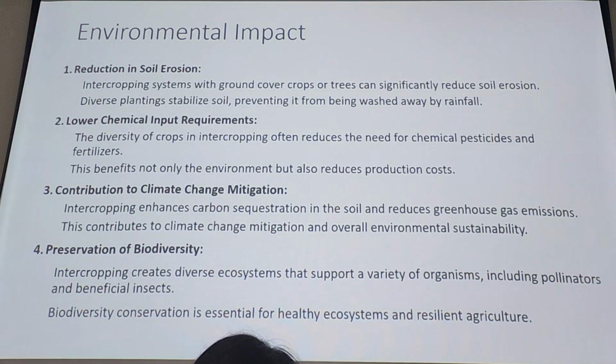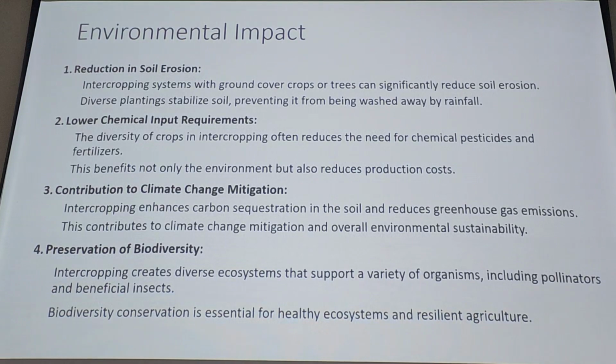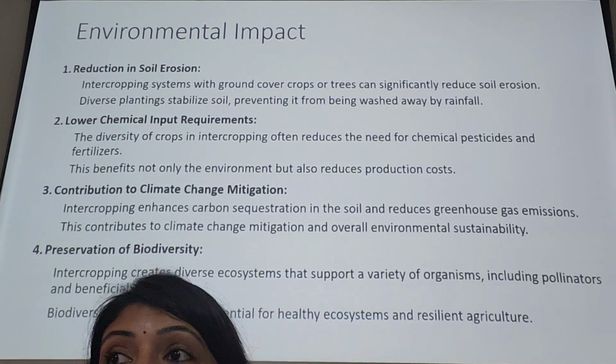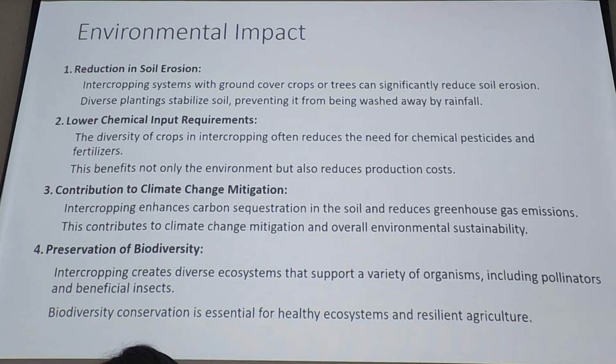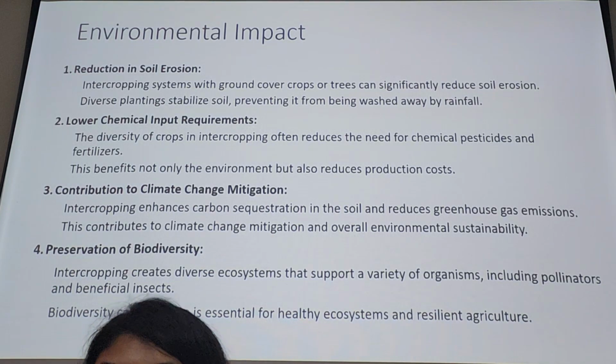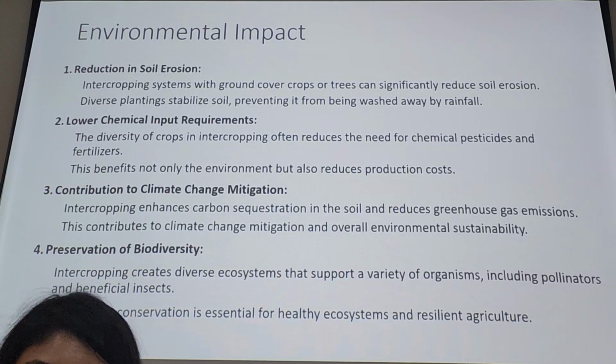In terms of environmental impact, intercropping reduces soil erosion because the ground is almost fully covered. When there is rain, the roots hold onto the soil, so they prevent soil erosion.